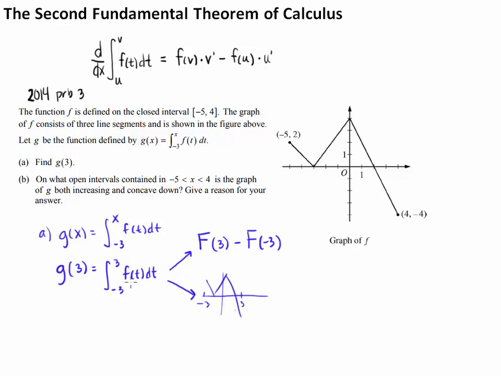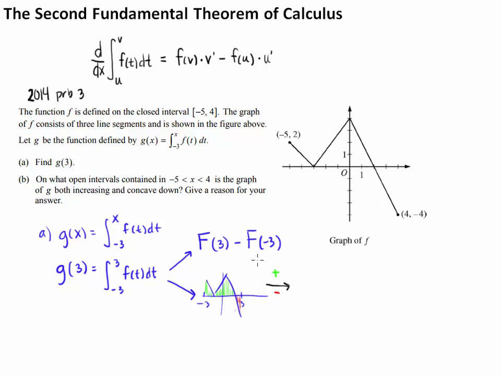This is saying, what is the area between the curve and the x-axis from -3 to 3? Since I'm integrating from left to right, values above the x-axis are going to be positive, values below the x-axis are going to be negative, so right in here we're going to have negative values. Anyways, I find that value. I get the same answer either way.